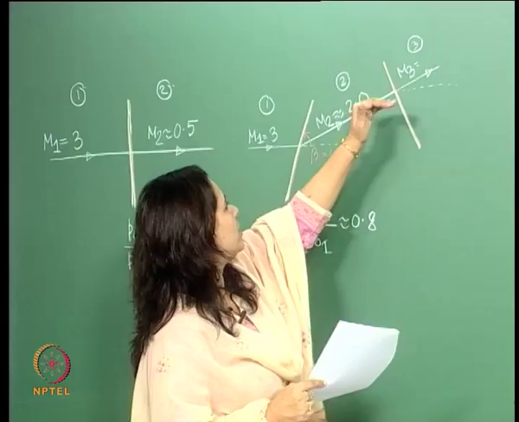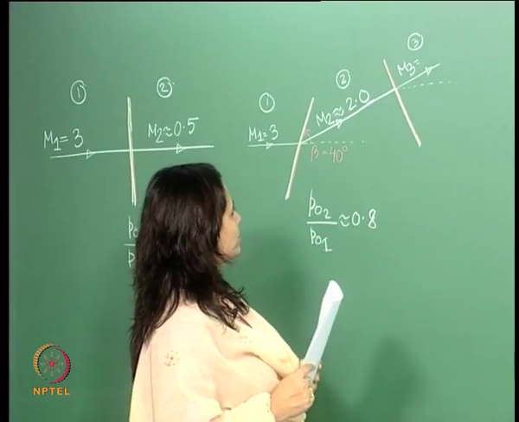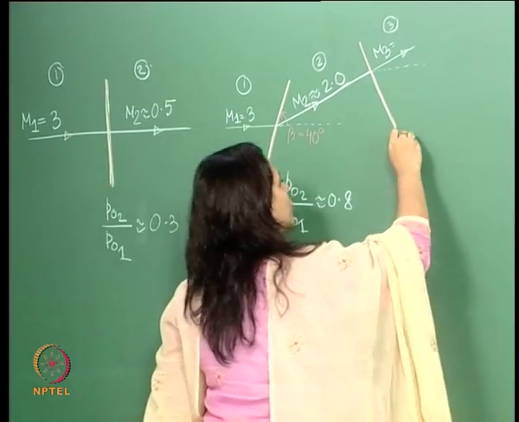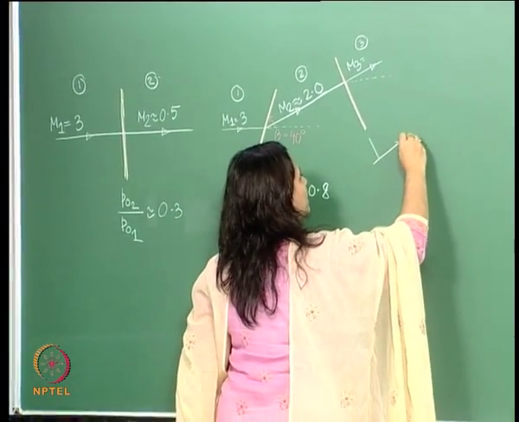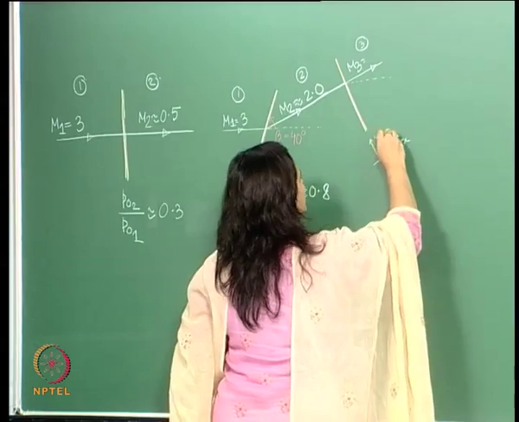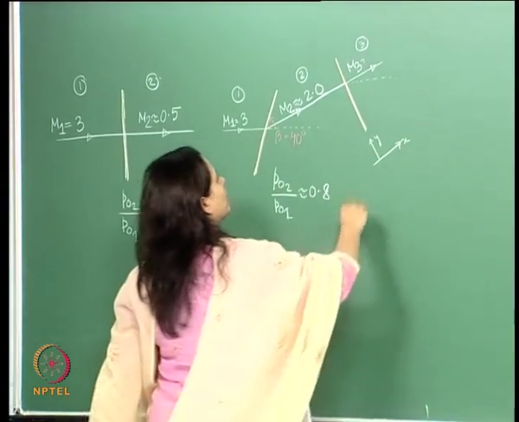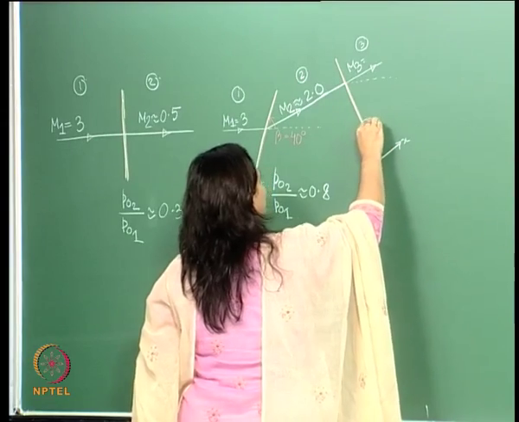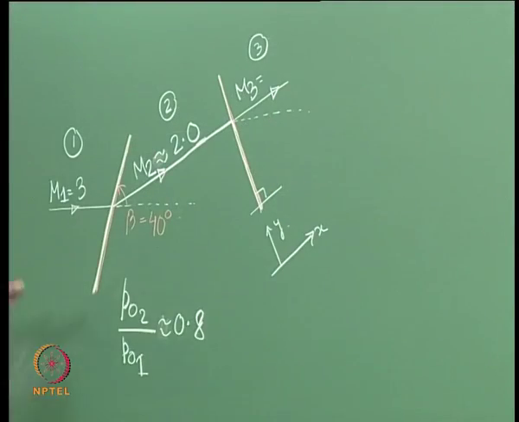If you look at this reference frame, this becomes a normal shock, because now it makes an angle of 90 degrees and the flow is perpendicular to it.